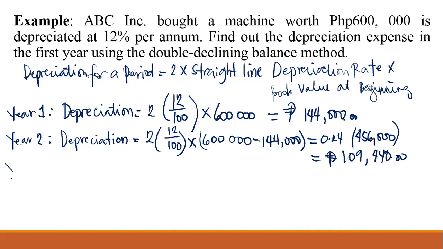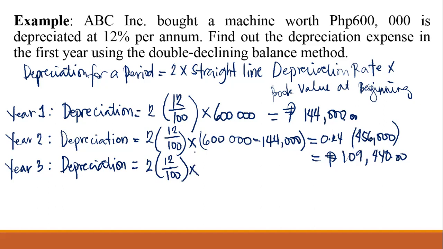So we have year 3. O, paano naman, gaano naman kalaki yung ibinaba ng machine sa pangatlong taon? So, for the depreciation, ayan, so follow lang natin yung proseso. So, since double declining tayo, 2 times 12 over 100 times, okay?